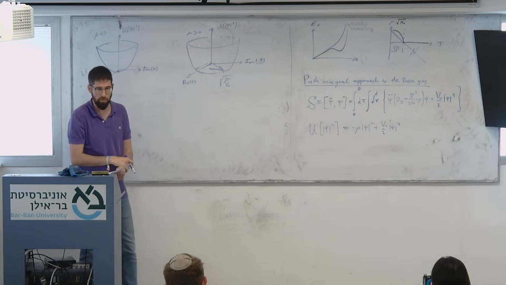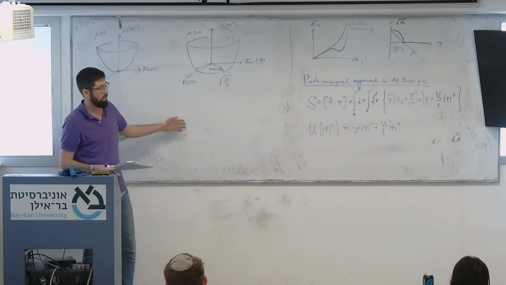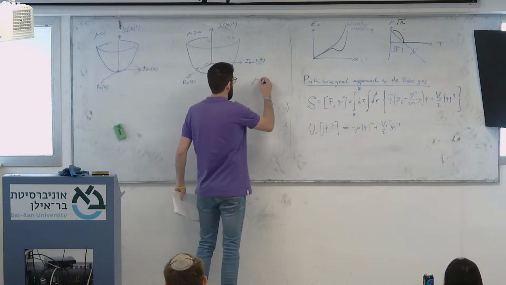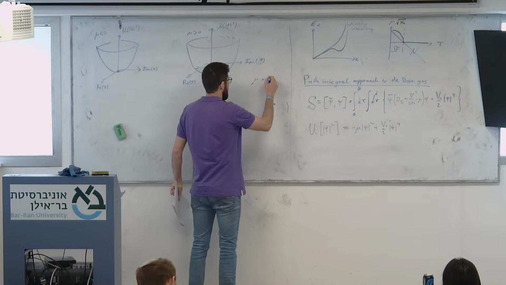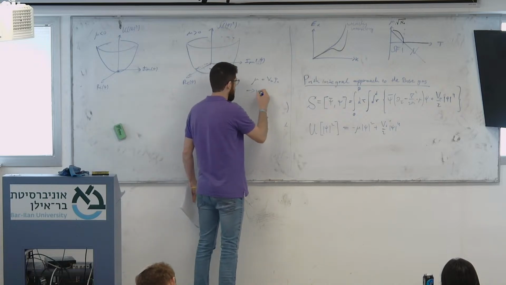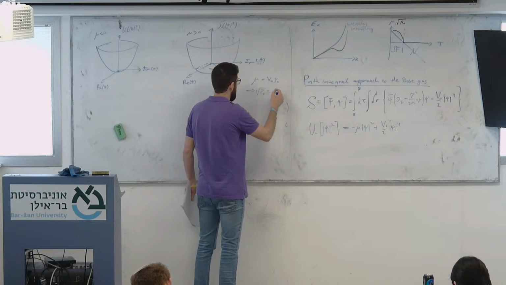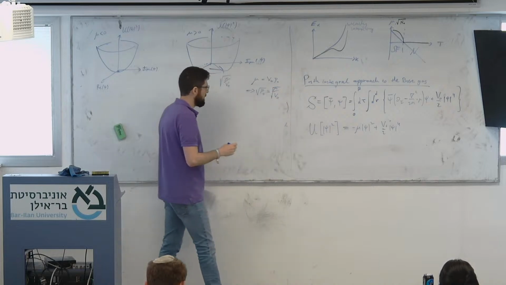And if you open your notebook, what we wrote for the mean field solution was exactly this. Mu was equal to v rho naught. That was the solution. And therefore the order parameter, square root of rho naught, is exactly the square root of mu over v naught.